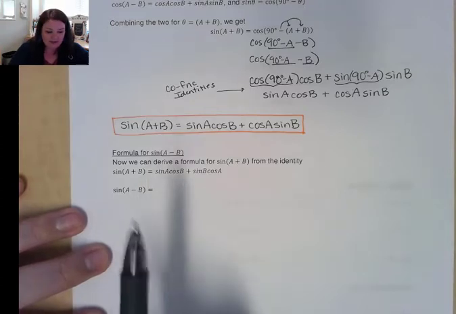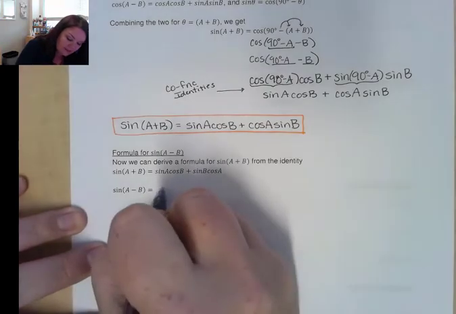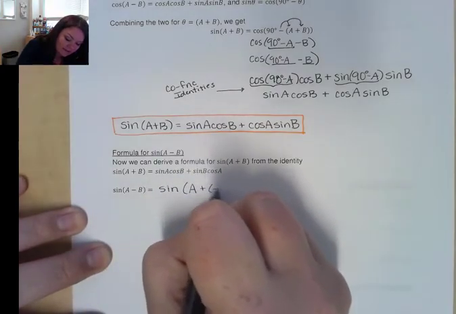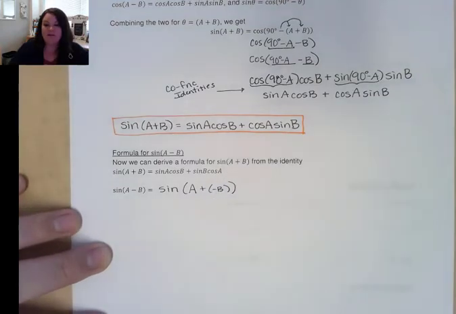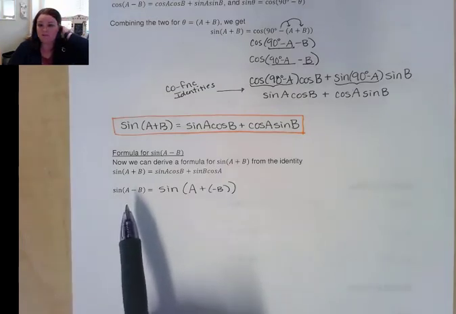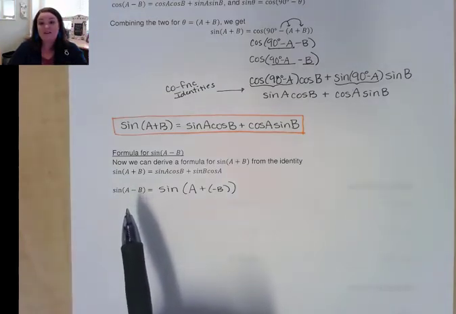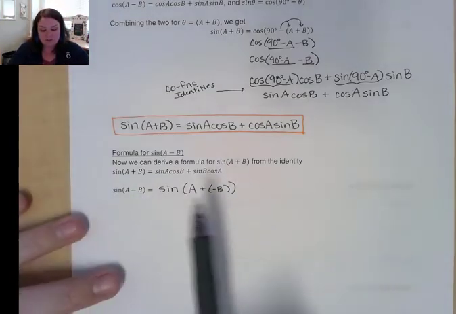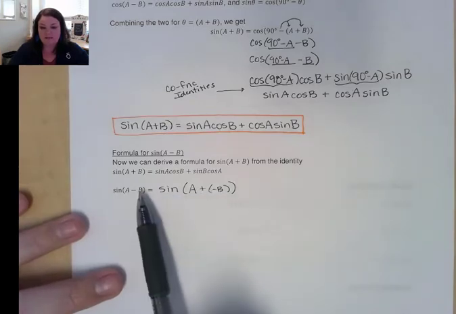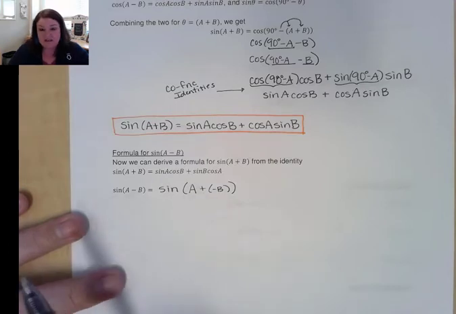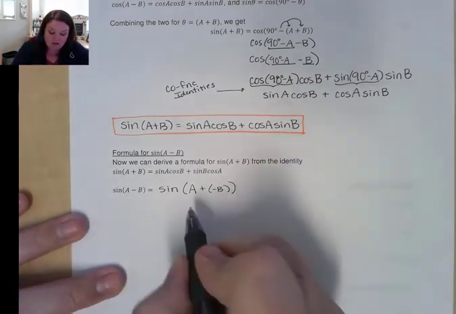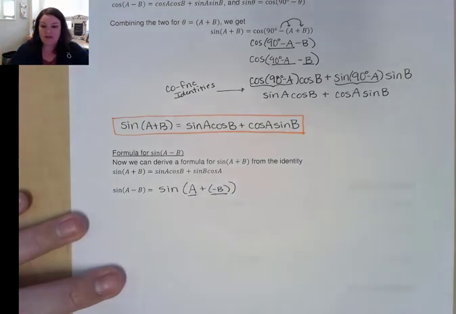Okay, so what I can do is just rewrite this as sine of a plus a negative b, right? Because we can always represent subtraction as an addition of a negative number. So I'm just going to put the plus sign in there because we know that a positive and a negative when multiplied together becomes a negative. I'm just adding in a little extra step there. But now this is written as an addition of two individual angles.